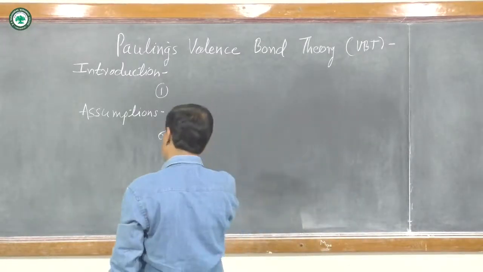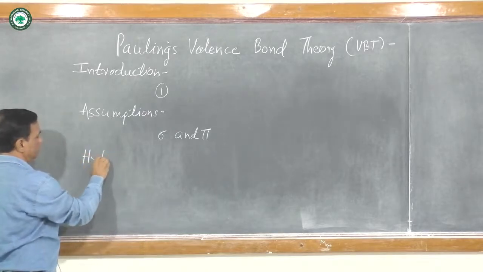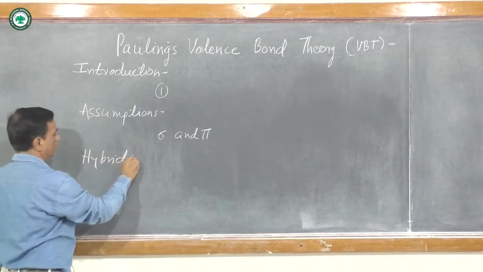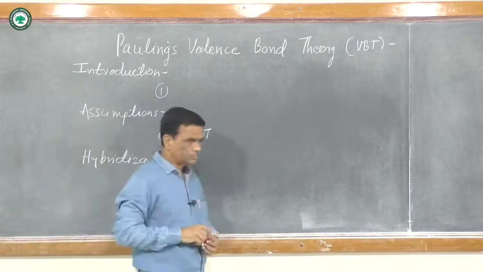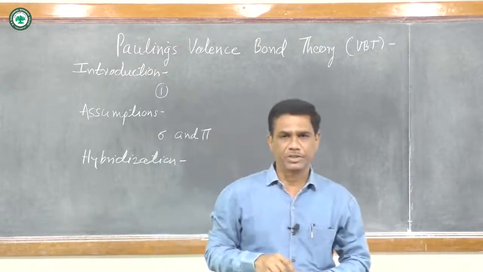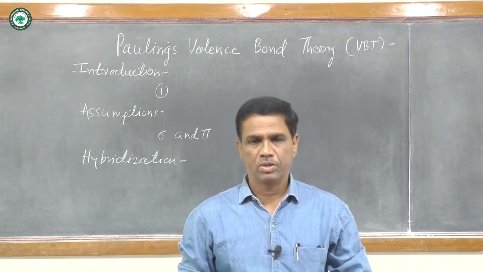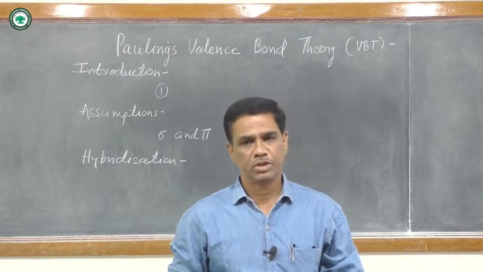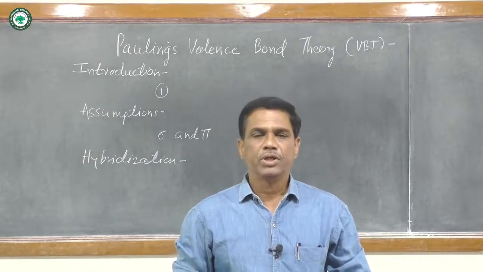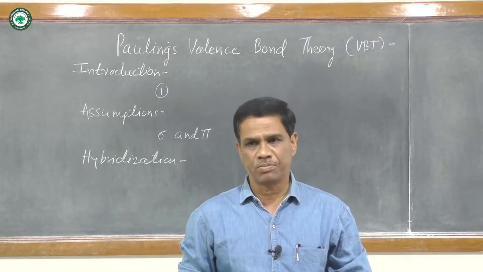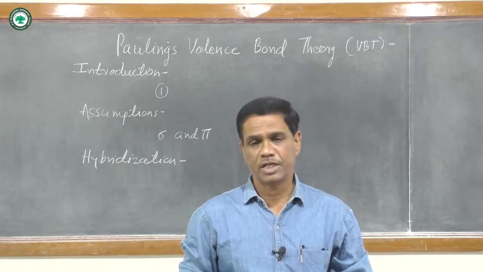Then the third important point in VBT is hybridization. Definition of hybridization: the mixing of atomic orbitals, where there is a distribution of their characters, and once the characters are distributed, equivalent hybrid orbitals are formed having various characters and properties.